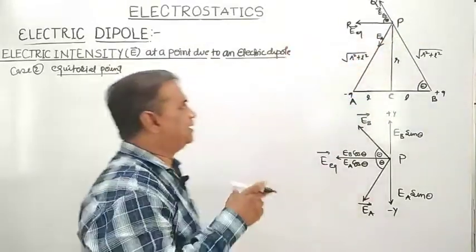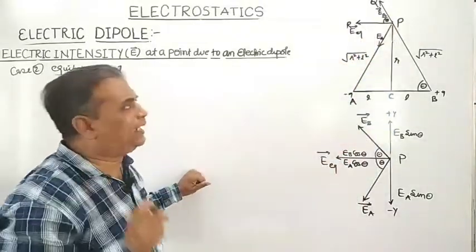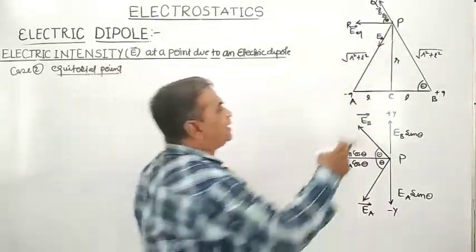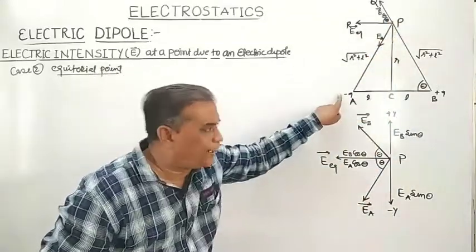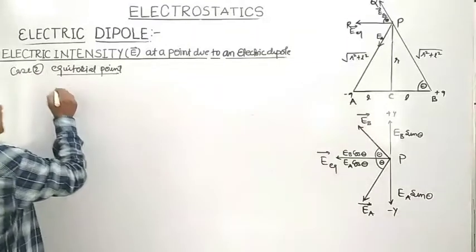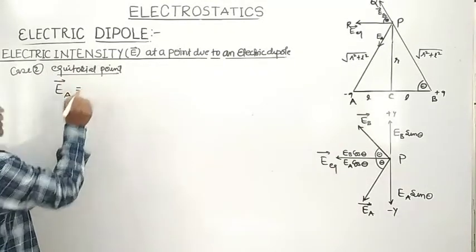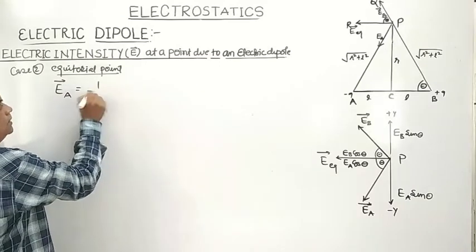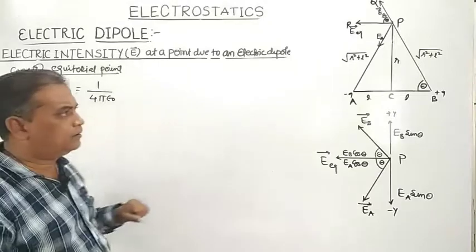So you know very well that as P is a point on the equator, the electric intensity at point P due to charge minus q at point A is given by the expression vector EA equal to the constant of proportionality 1 upon 4 pi epsilon 0.